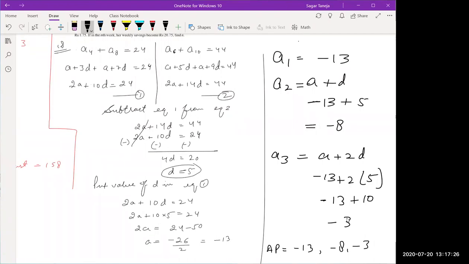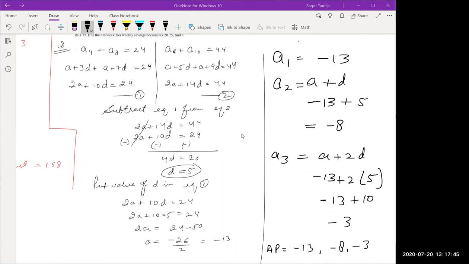Yes, so all have calculated the correct answer. So the 18th question is also done. So the last two questions of the exercise are left. Let us complete that.